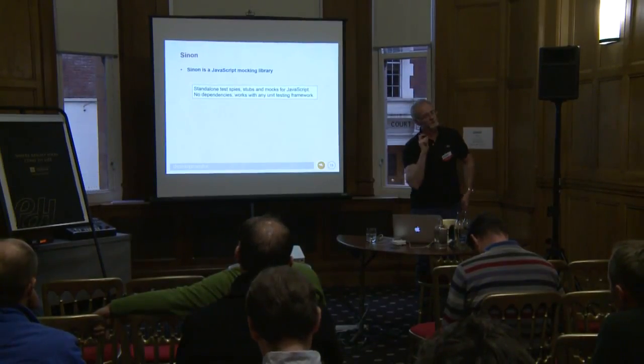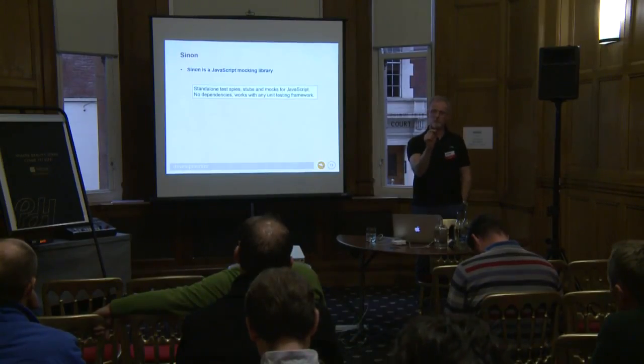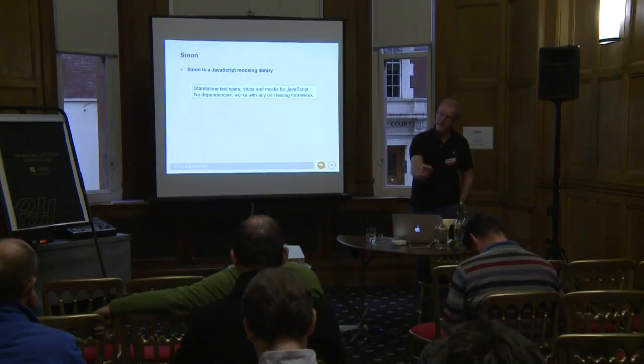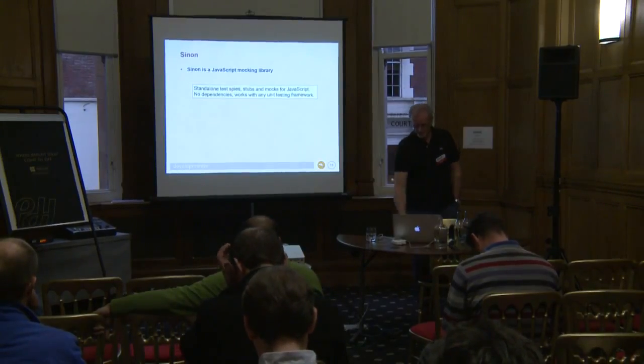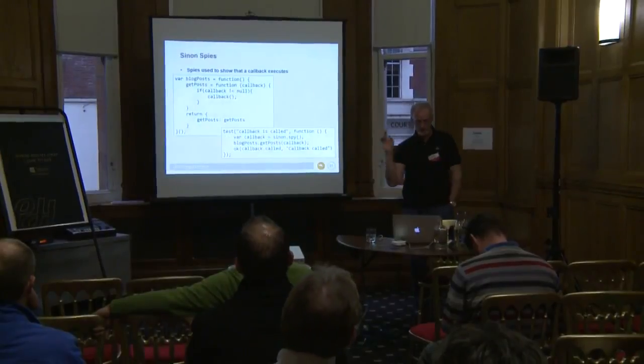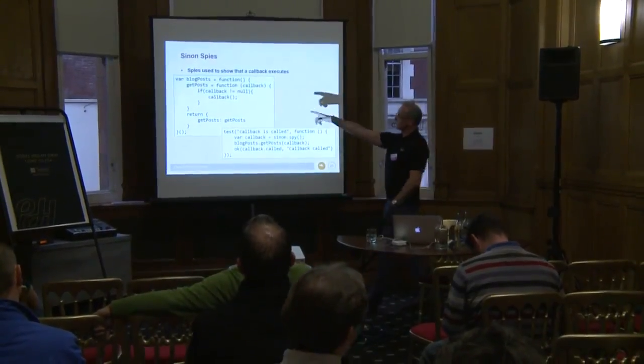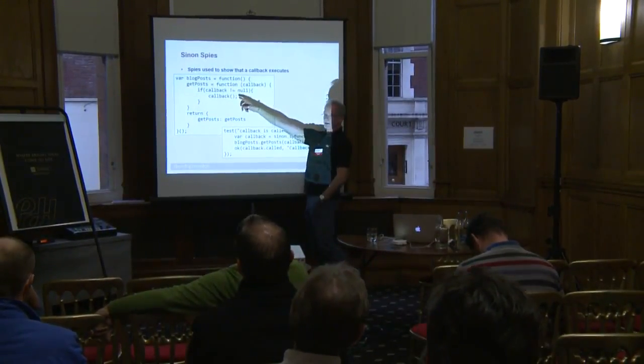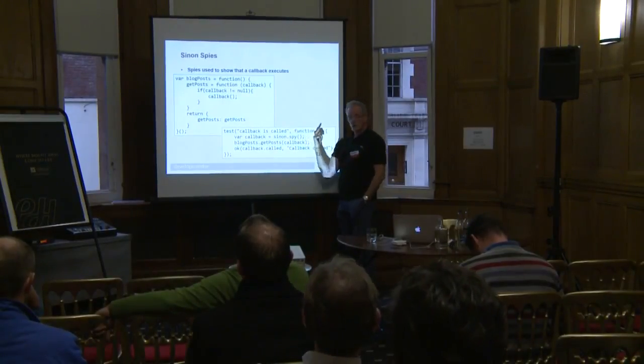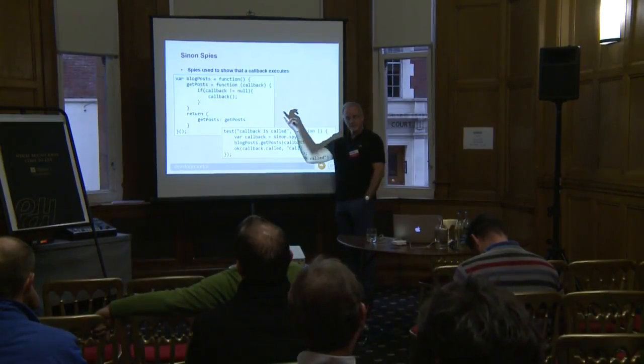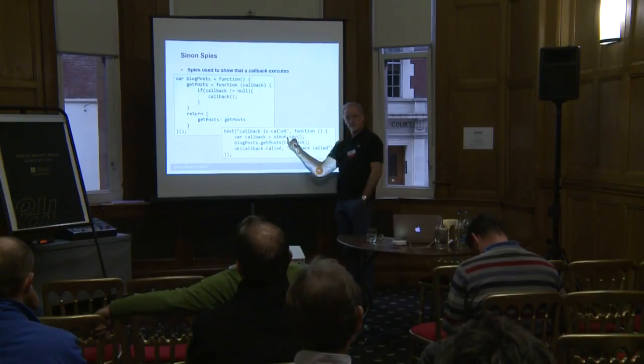But more importantly than that, it also lets me check properties on them as well. So I can walk up to my spy and say, were you called? Were you called with this value? So the example we saw was this. We took the blog posts, we call it with a callback, and rather than creating my own dummy function, I can use Sinon instead.